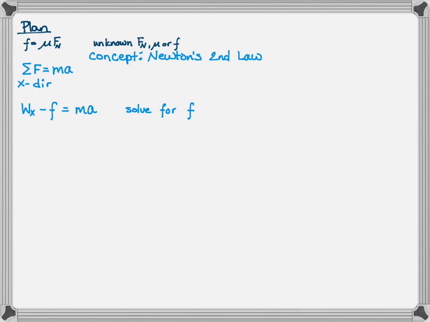So let's solve for the frictional force. Negative frictional force will equal ma, mass times acceleration, minus the weight in the x direction. I know the mass and I know the acceleration. What I don't know is W_x, the weight in the x direction.